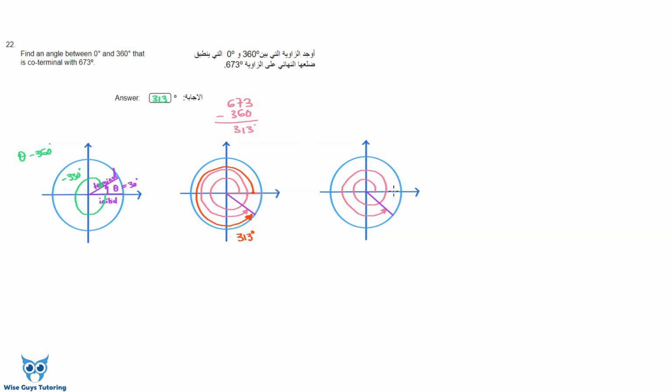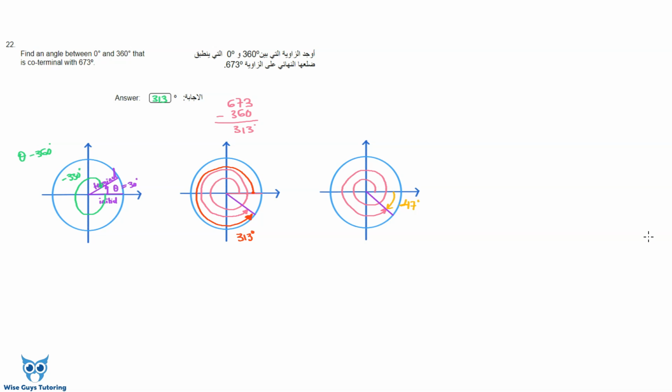But what I could have also done is gone the other way. I could have said minus, if I'm at 313 and there's 360 total, then this little slice over here is about 47. It's not about 47, it's exactly 47 degrees. Since I'm going down, I'll call it minus. So minus 47 degrees is also coterminal with 673.